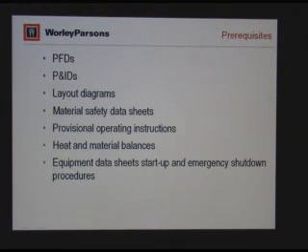And also, we need the layout diagrams as well. So then we can identify, okay, certain equipment should not be in this area. And the material safety data sheet, of course, because we're dealing with chemicals, we have to understand what the consequences are if we have contact with the chemical or inhale any of the vapors.